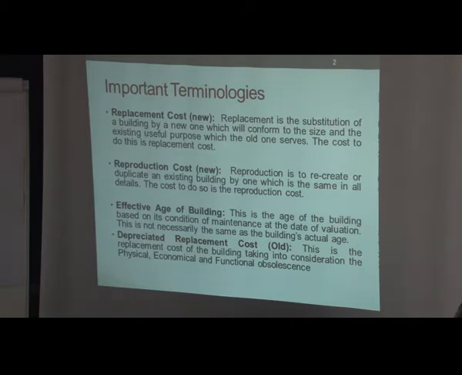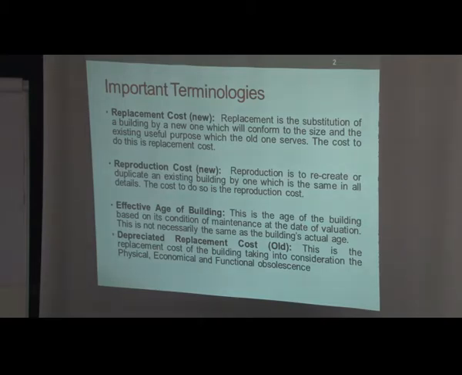If you are valuing an old building, you take the replacement cost of that building, then you depreciate it based on the condition of the building. And what you get now will be your depreciated replacement cost.